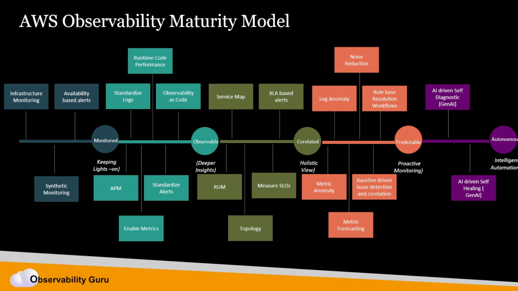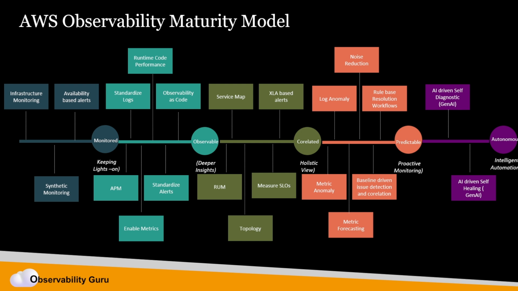Level 1, we call it keeping lights on, which is about ensuring that we have the bare minimum. Level 2 is about making our systems observable, which is about enabling deeper insights, so that we are not just keeping lights on, but moving towards having more data points which can assist us in identifying things much faster and resolving things much faster.